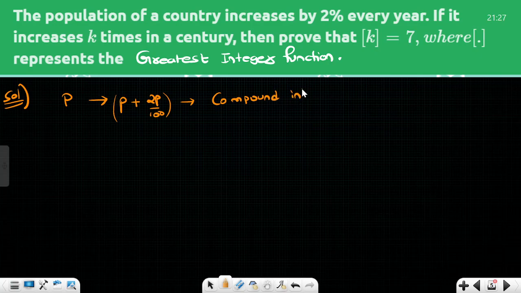Yes sir. So what is the formula for compound interest? Sir, I don't remember. Okay, you should remember that. Equal to P into 1 plus R by N whole power NT.